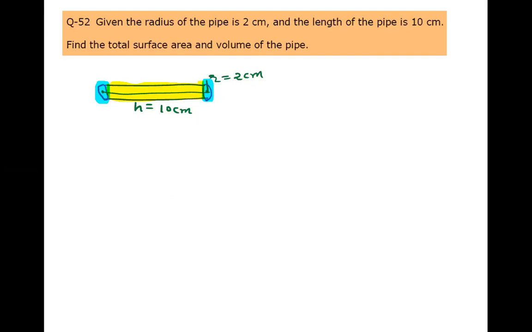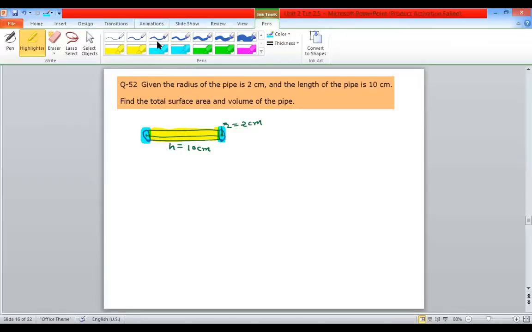Ma'am, yes, total surface area answer is 150.85 centimeter square. Okay, this total surface area. Tell me the digits one by one. 150.85 centimeter square.